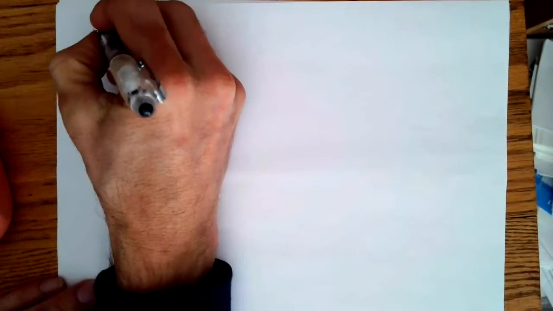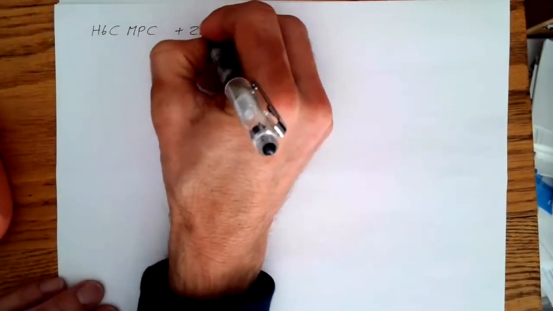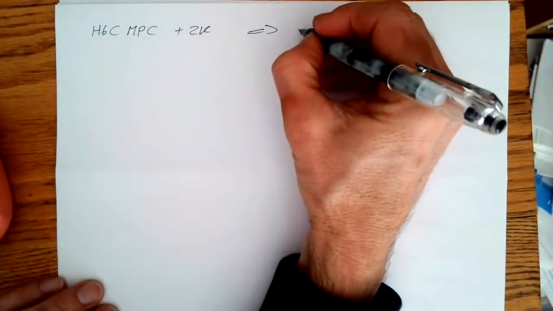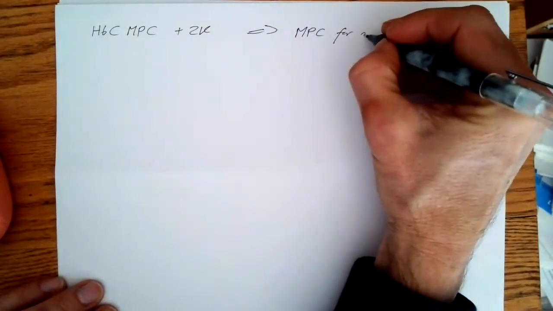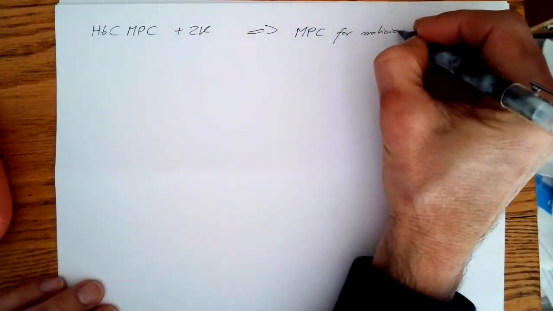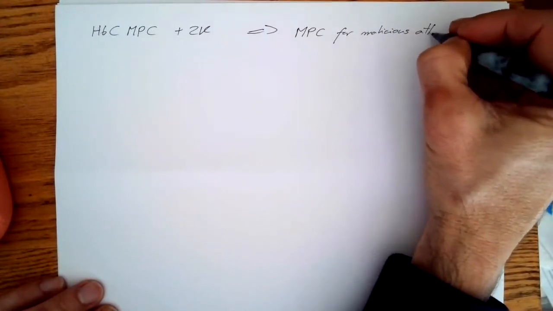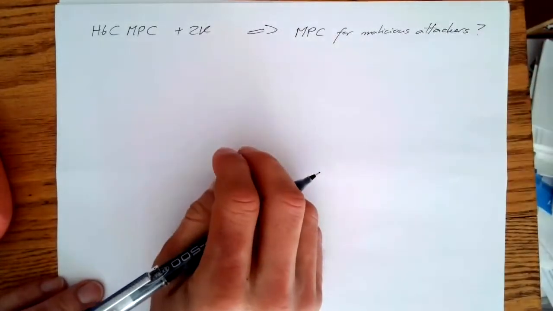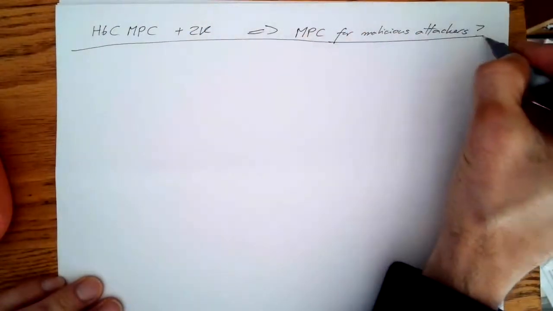Can we take an honest but curious MPC and zero knowledge proofs and give MPC for malicious attackers, right? How would this compiler work?